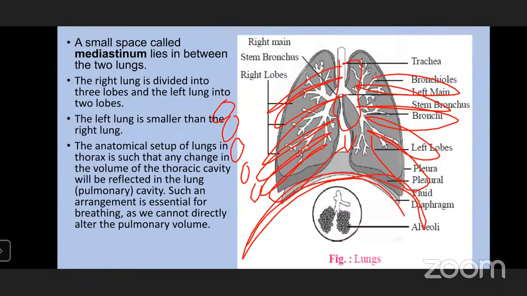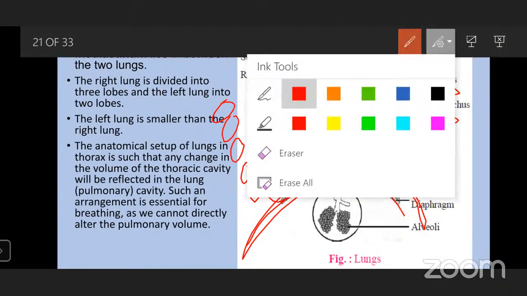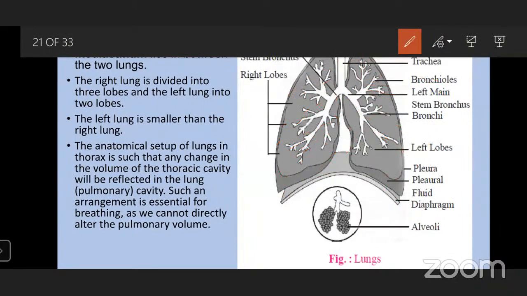And in between these ribs there are costal muscles, external and internal intercostal muscles. So all these things are present in the thoracic cavity only, right? So they are maintaining the volume of the thoracic cavity.